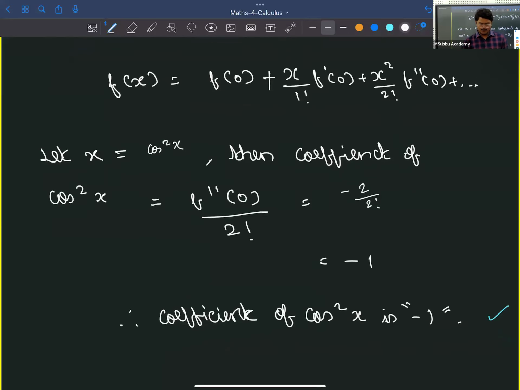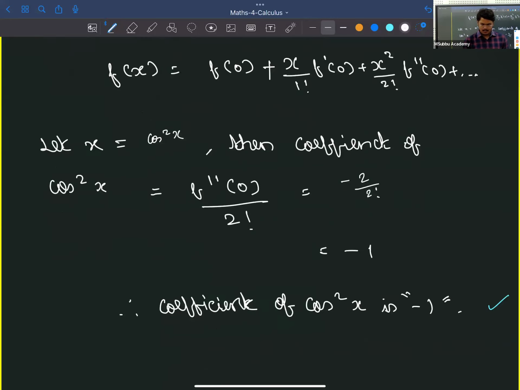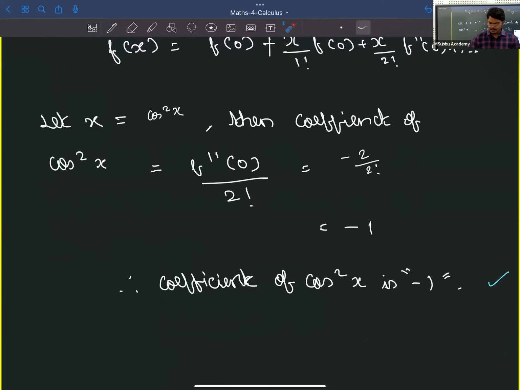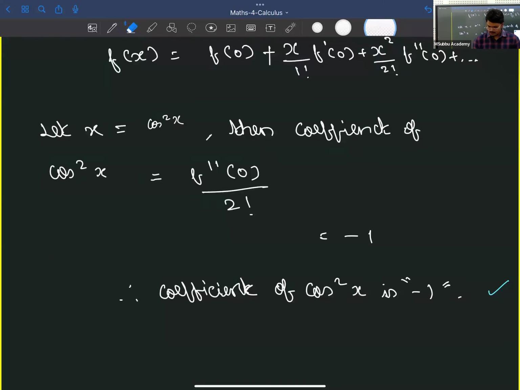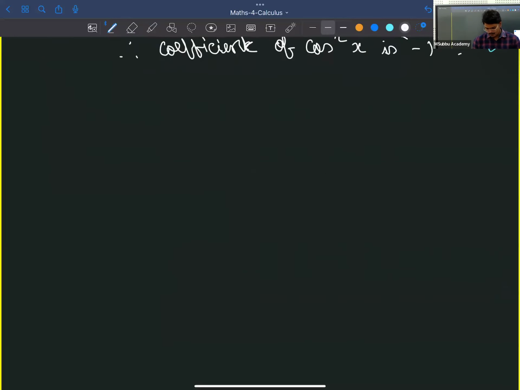Now if we find f dash of 0, first we will find f dash of x, which is nothing but 2 cos x minus sin x.